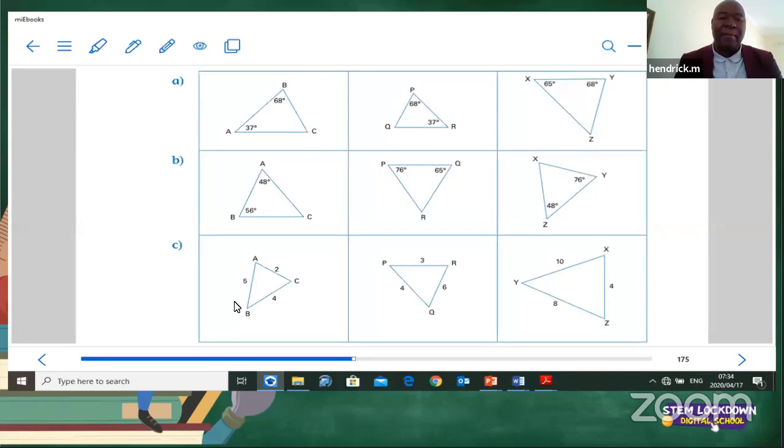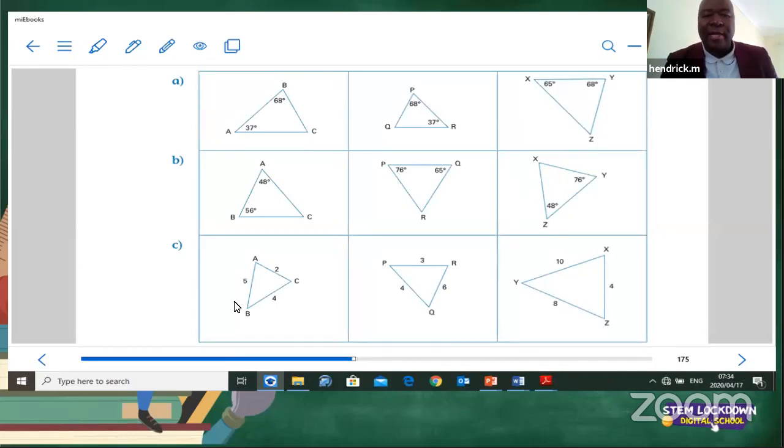You can use the principle that the sum of the angles of a triangle is equal to 180 degrees. I'm sure you should be able to find the missing angles, and that will guide you. Let's do the first one together now before we proceed.